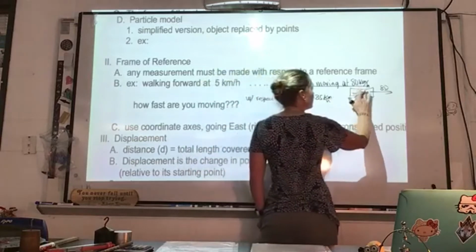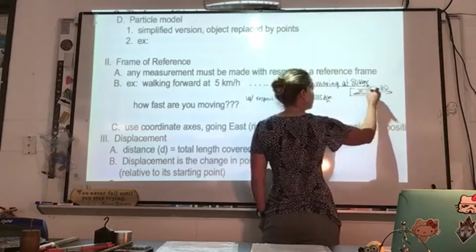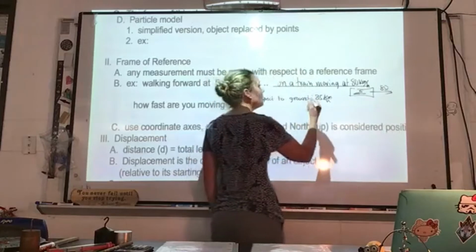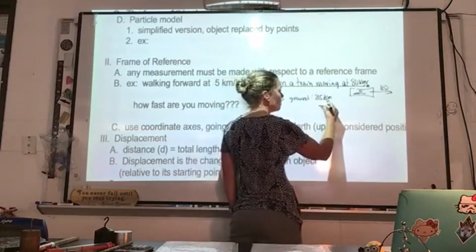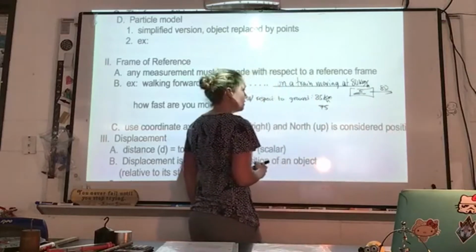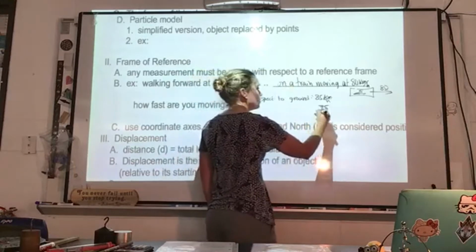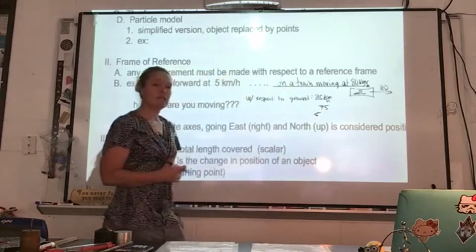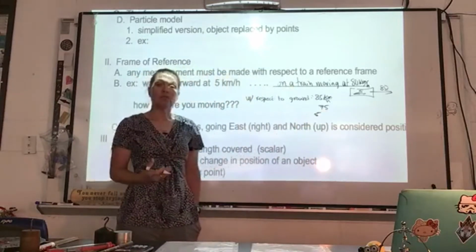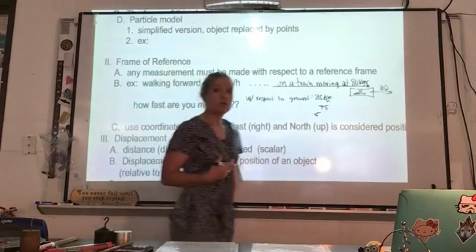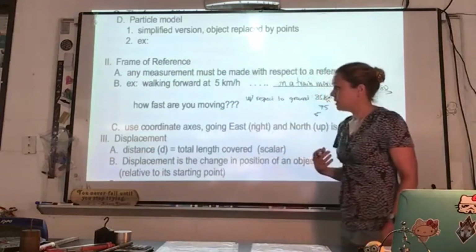If we were moving in the opposite direction, then with respect to the ground we'd be only going 75. And again, our speed also could be 5 if you said with respect to the train.